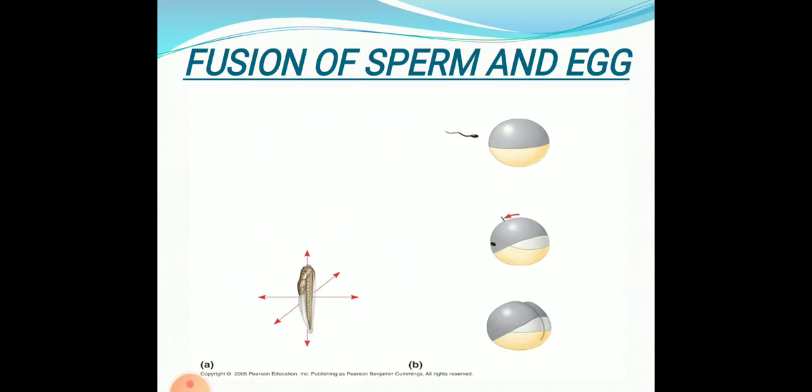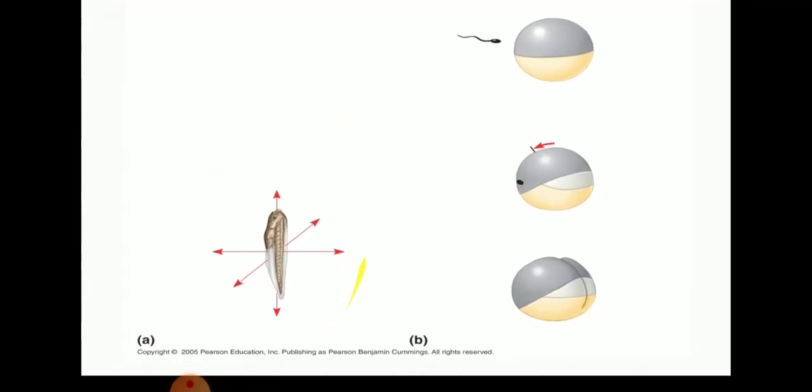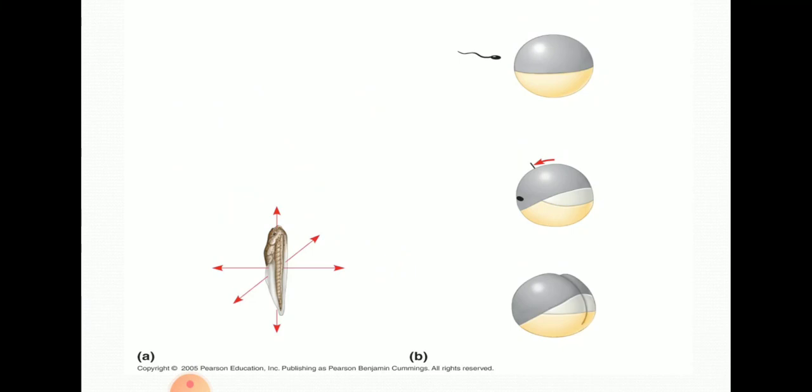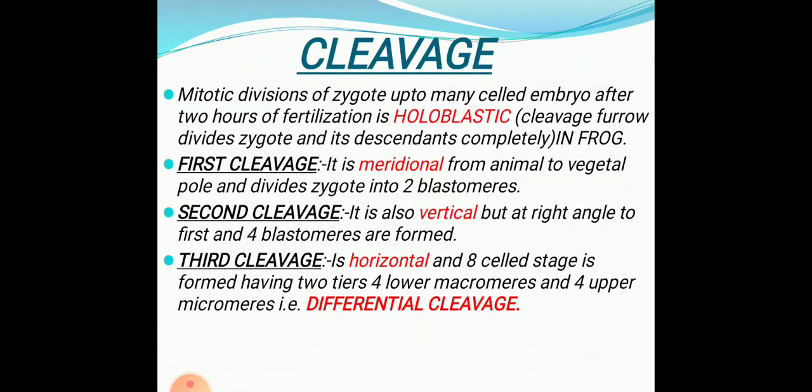In the first figure there is an animal pole and vegetal pole, and the sperm is going to enter. In the second diagram it is already making the entry very close to the egg. After entry, the fusion of both pronuclei takes place, and a diploid zygote is formed. So this is the diagram.